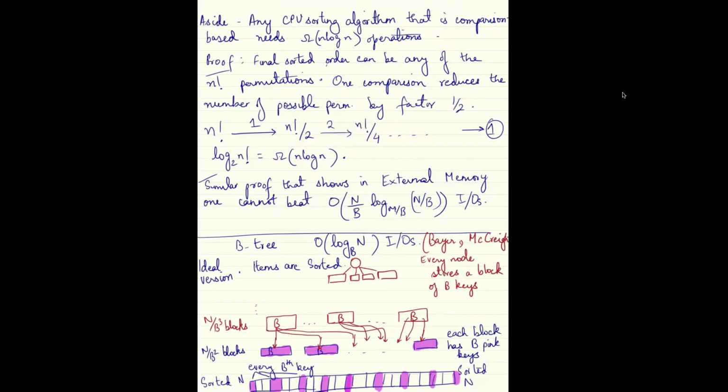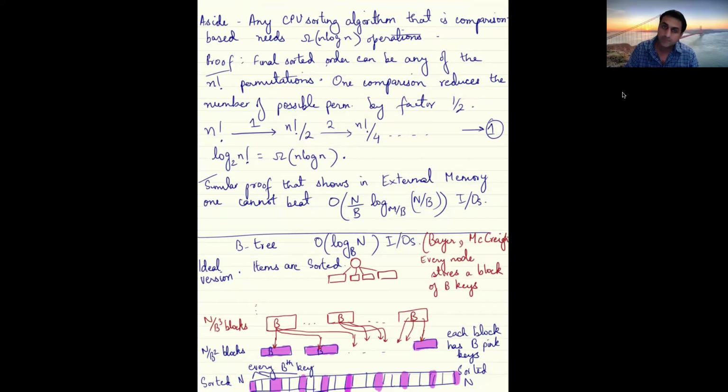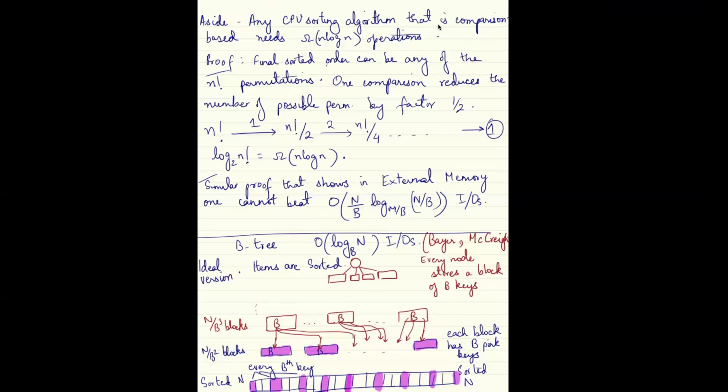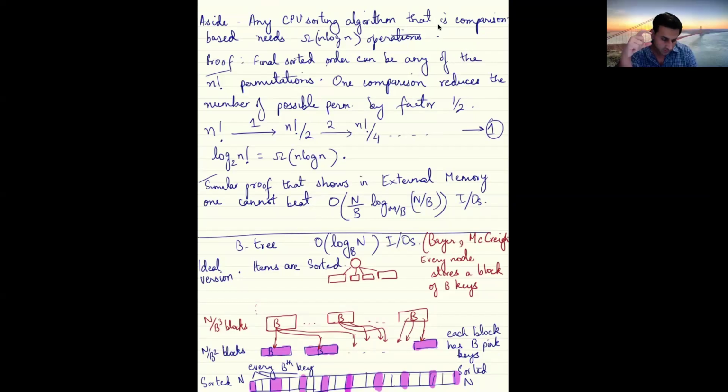So each slot of the block contains a pointer to the divider of the external memory. Yeah, but what are those B keys? Which B keys are stored in the root? The root is a block, right?